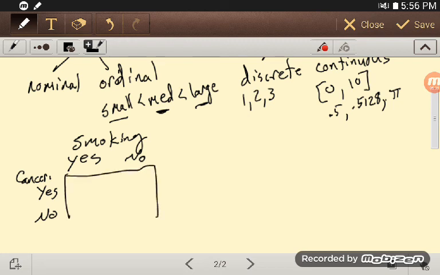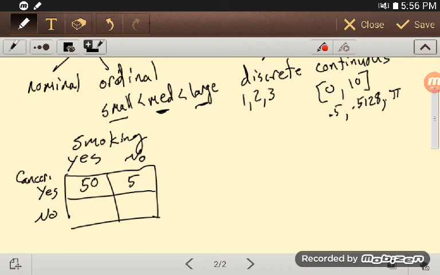And what you might do is in an experiment or an observational study, you would look up all sorts of numbers. So smoking yes, cancer yes, maybe in your study there were 50 of those. Smoking no, cancer yes, maybe there were 5 of those.